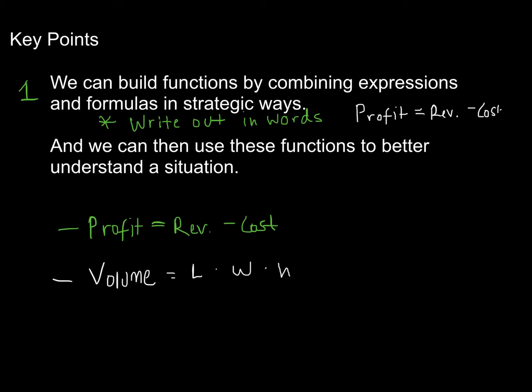And so similarly, if I have a function or an expression that represents the length, and one that represents the width, and one that represents the height, I can combine them by multiplying them to get the volume. So let's continue to build on these situations and apply them to some different situations where we can combine functions that make sense in order to get a new function that will tell us a little more about a situation.